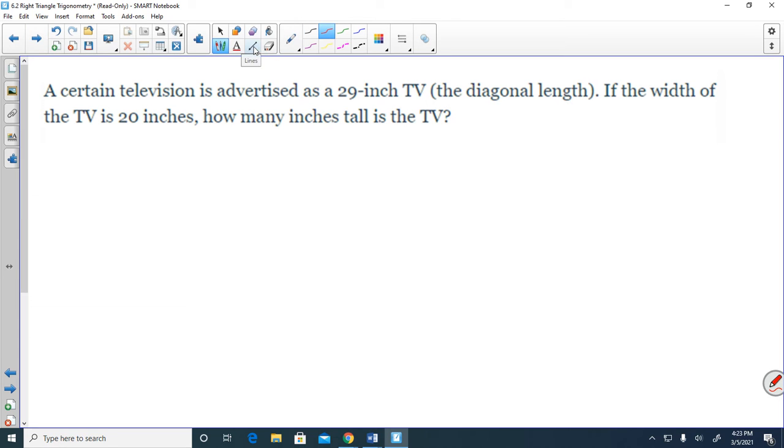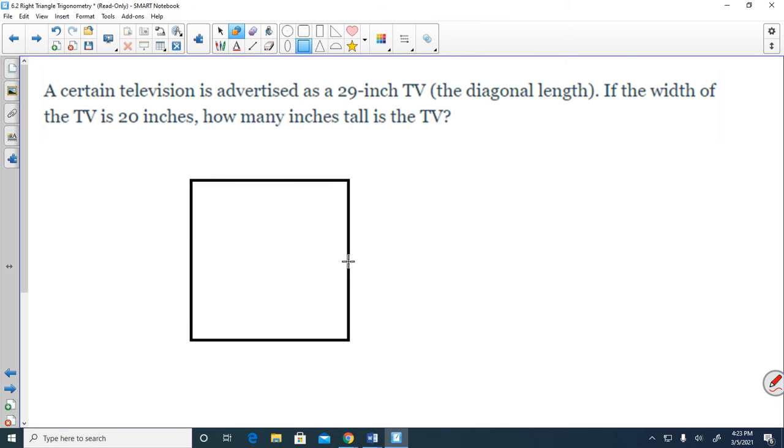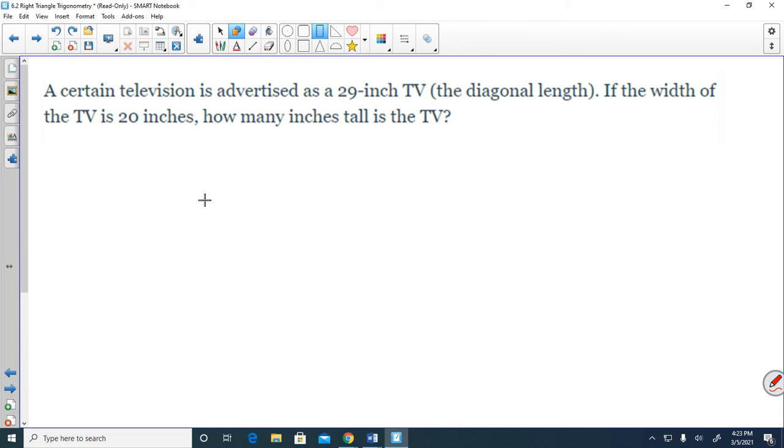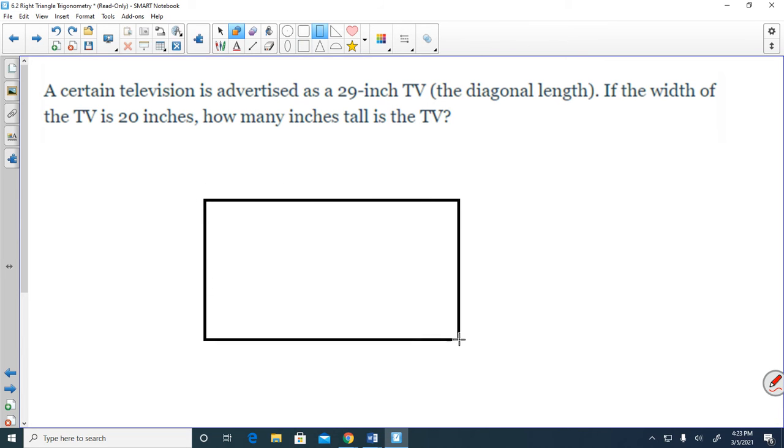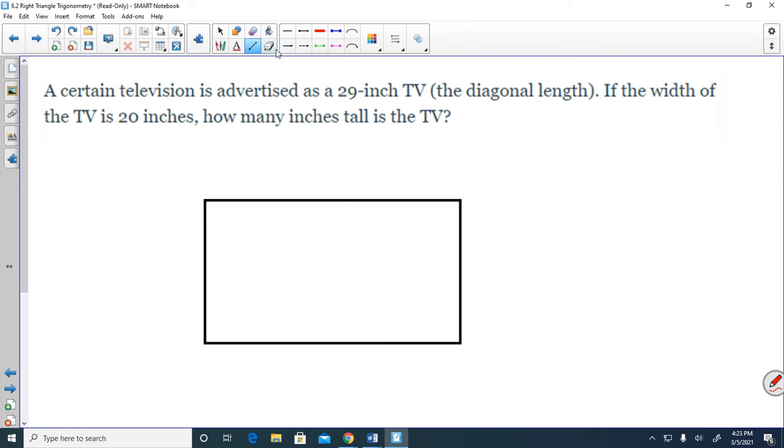Another one, we have a certain television is advertised as a 29-inch diagonal. So let me draw. Well, that doesn't really look like a TV, does it? Anymore, at least. Okay, so that looks more like a TV. Certain television is advertised a diagonal of 29 inches. So diagonal means that it goes from one corner to the opposite corner. The problem doesn't say which way, so okay.